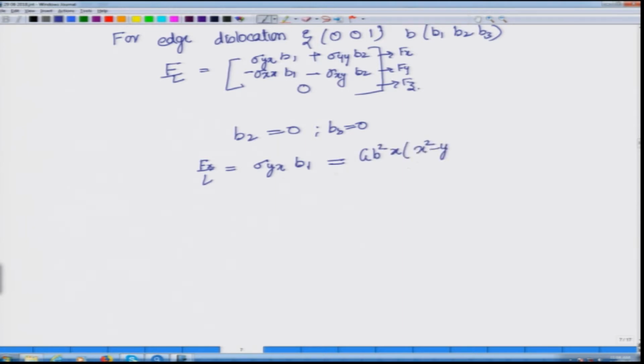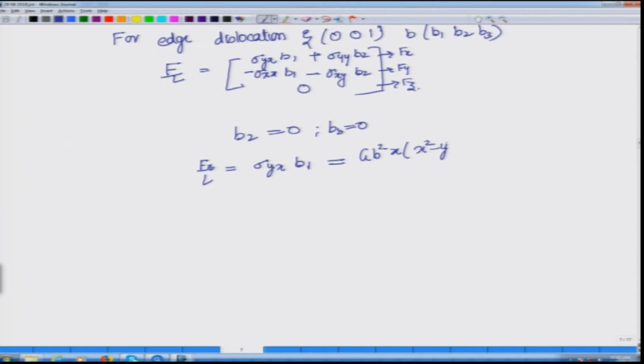and now we can simply put sigma y x, for which we know the relation from our earlier derivation. So, the sigma y x is the stress because of a particular dislocation at a given distance x and y.